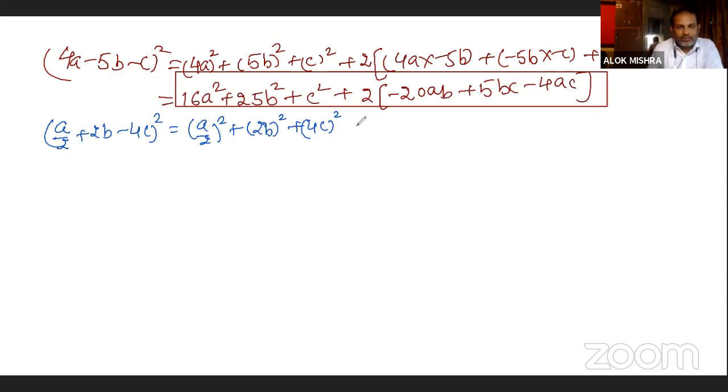Now, this part, plus 2, what do I get? A upon 2 into 2b plus 2b into minus 4c plus a upon 2 into minus 4c.